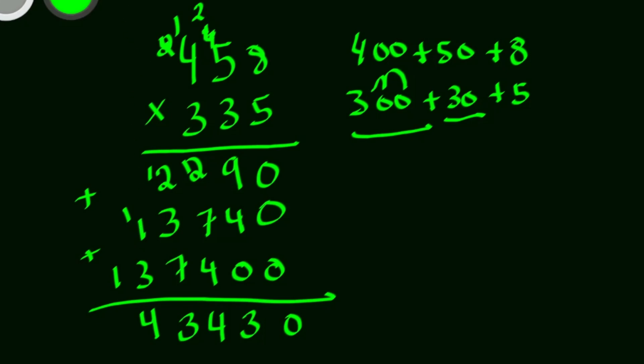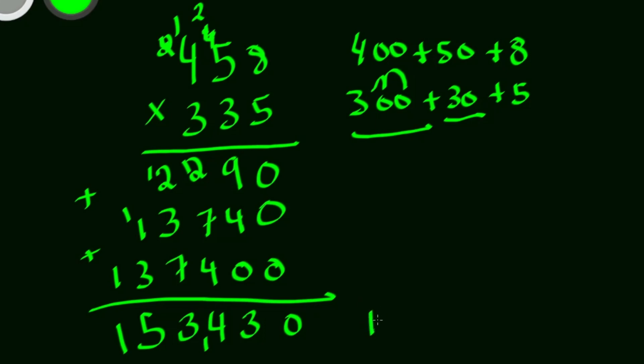No, that didn't make sense. My brain's not working. 1 plus 1 is 2, plus 3 is 5, and 1. 458 times 335 is 153,430.